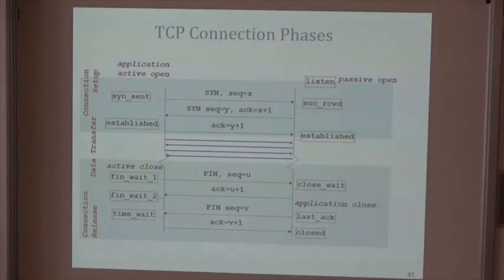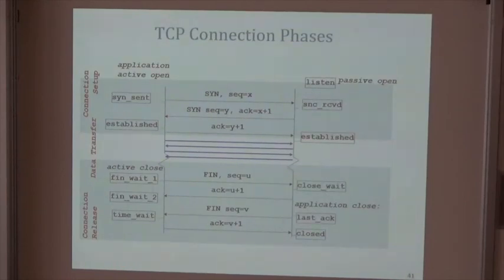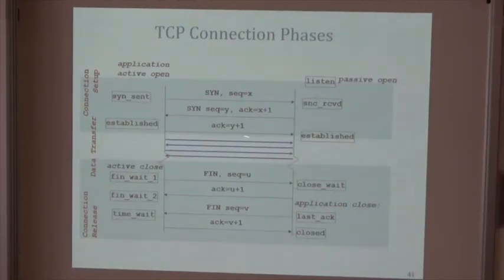Right? The SYN packet is the only packet that doesn't contain an ACK field. All TCP packets have an acknowledgement number, except this one. Right? So there is a bit in the header that says whether there is an acknowledgement or not. And only after that you can transmit data.